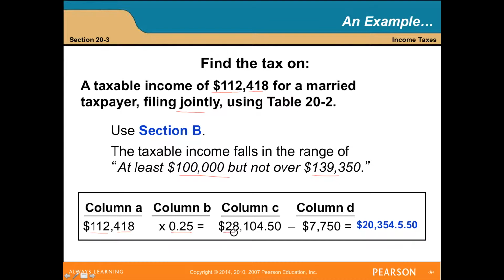Column C, you have 28,104.50, minus column D, which is 7,750. So then the tax is $20,354, and this looks like a typo, but 20,354.